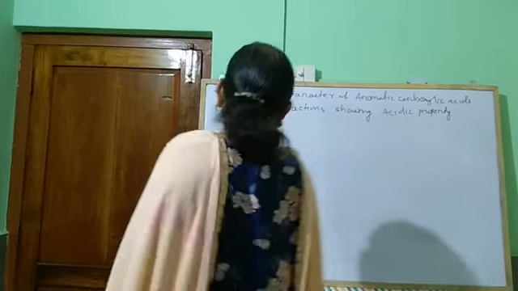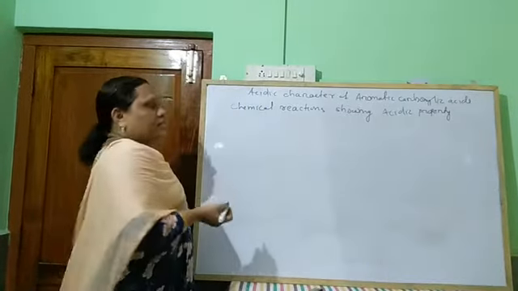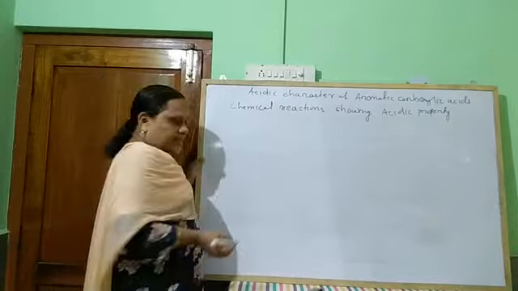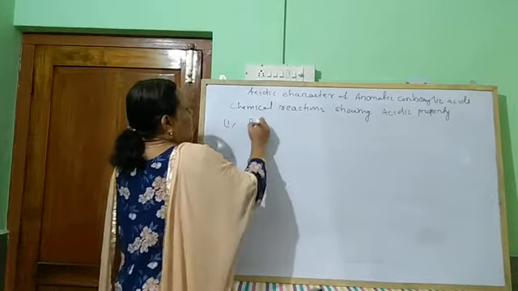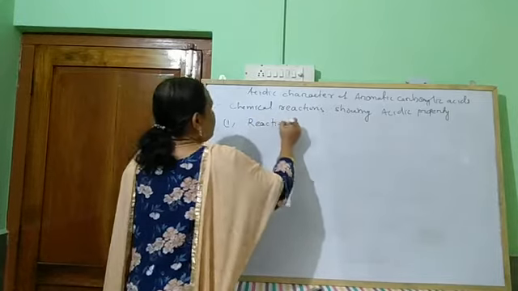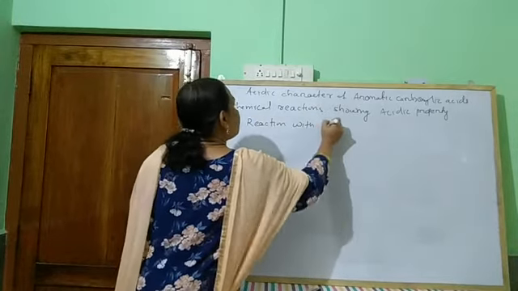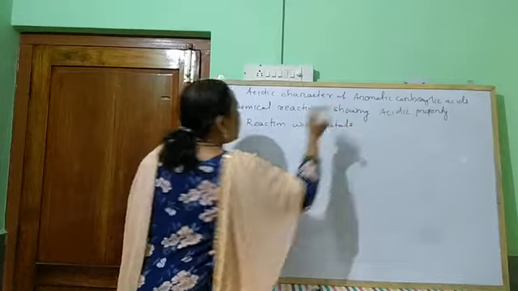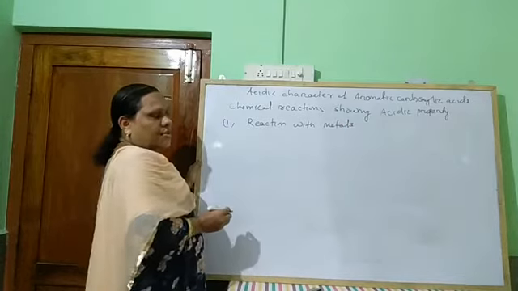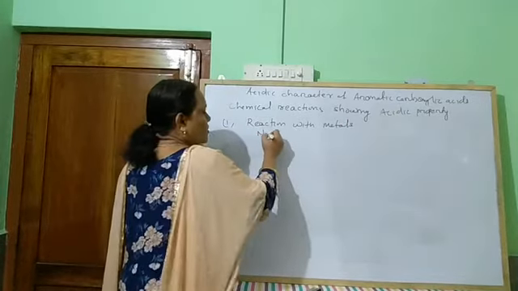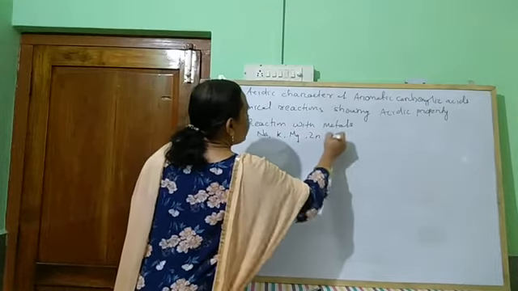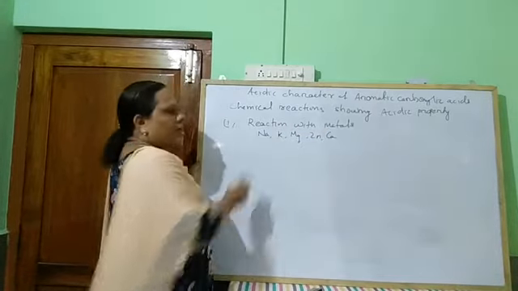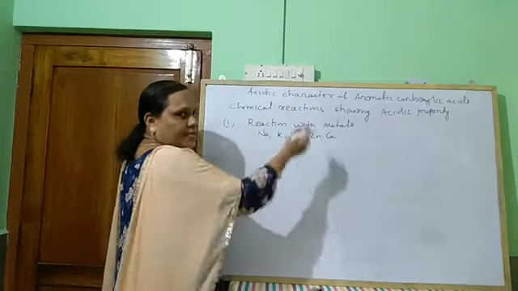Anything which liberates hydrogen, which gives H plus ion, is known as acid. First, reaction with metals. Carboxylic acid reacts with active metals like sodium, potassium, magnesium, zinc, calcium, etc. to liberate hydrogen gas.